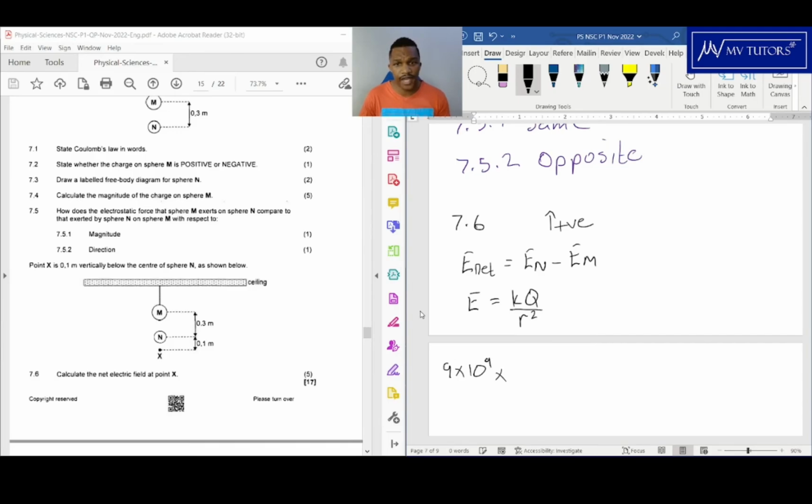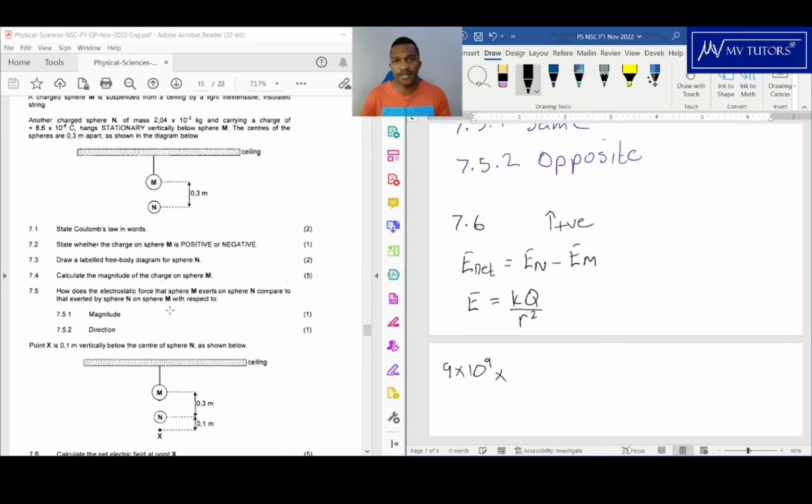The charge of N was given as 8.6 times 10 to the power minus 8. Divided by the distance. The distance of N from X is 0.1, so it's just going to be 0.1 squared.